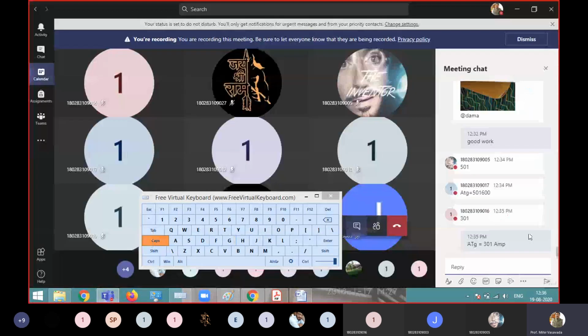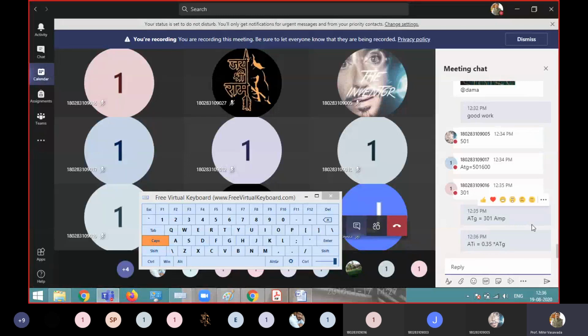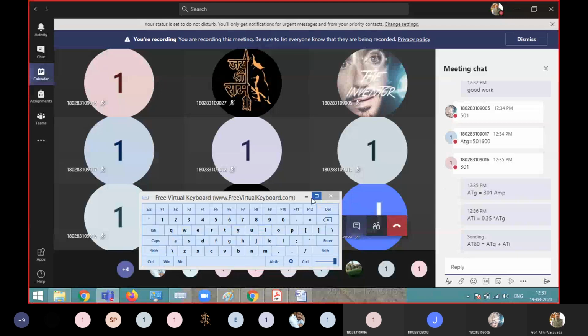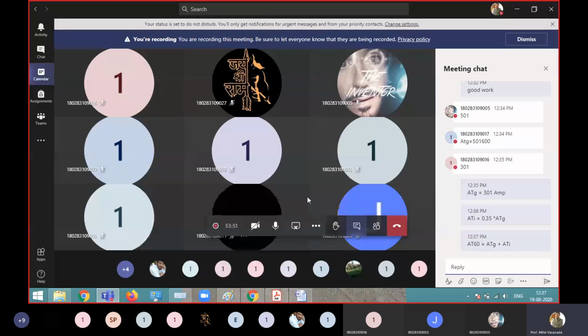We have written the equation of MMF for iron parts in the chat box. Then you find out the total, which is the addition of both. Use that equation also and find out ATI.